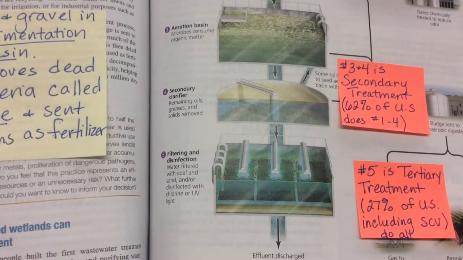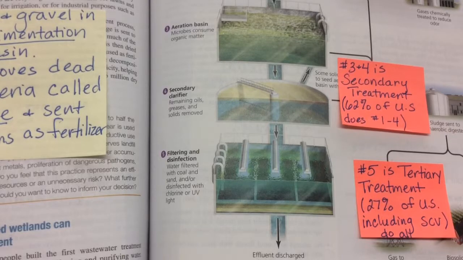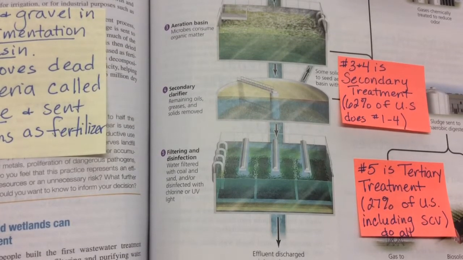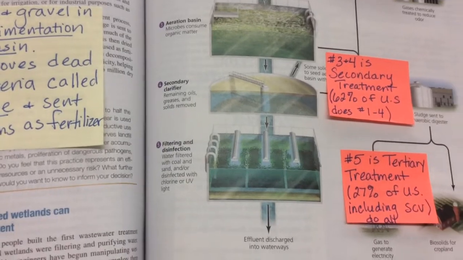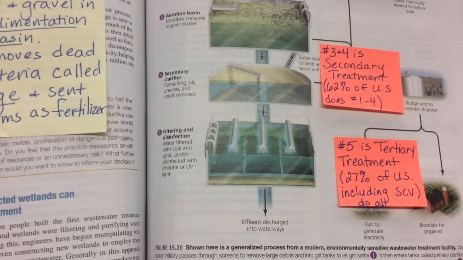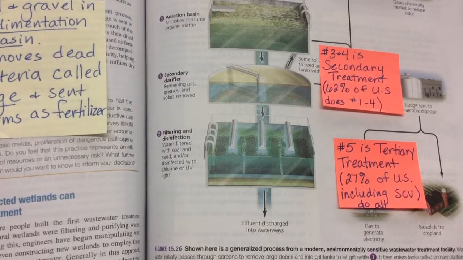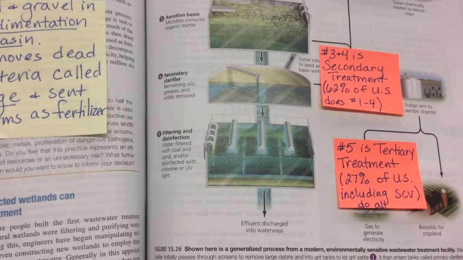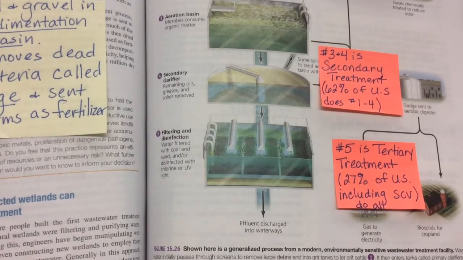So the water is filtered with sand and disinfected before it is then, we call it effluent, so know this word actually, effluent. It's discharged into some sort of waterway. If you're near the ocean, it goes to the ocean. If you're by a river, it goes in a river or a lake. For us in Santa Clarita, we dump it into the Santa Clara River, where it's then used again.